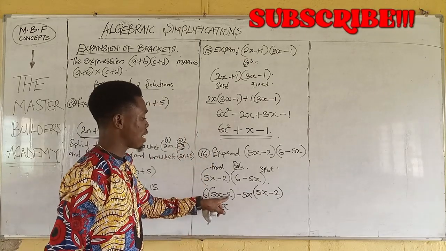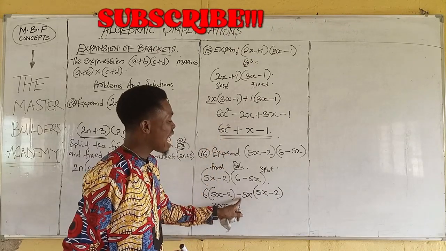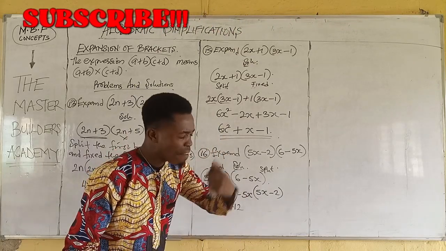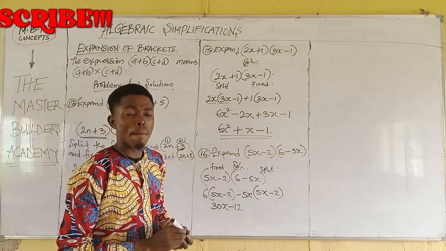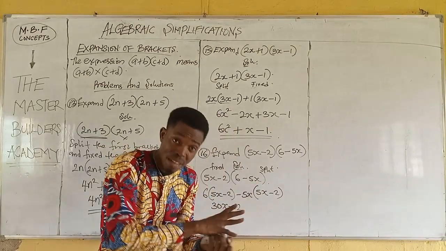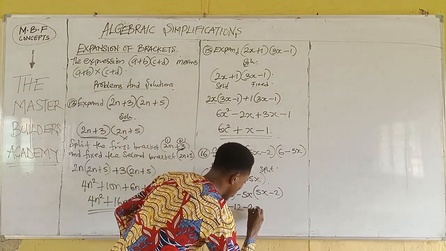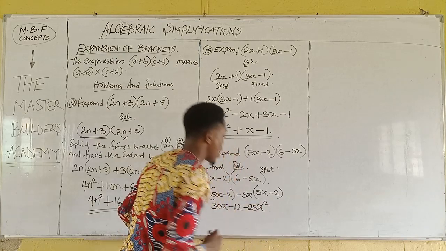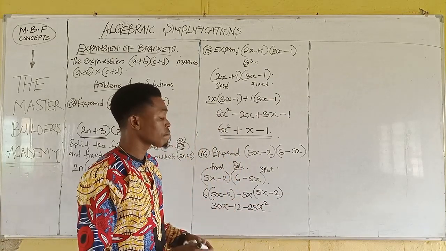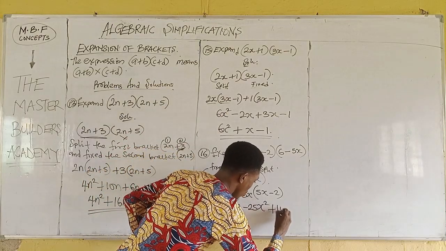Now 6 times minus 2, guys, we have minus 12. Minus 5x times 5x would have given us minus 25x squared, or 5 times 5 is 25 and x times x is x squared. So this would have given us minus 25x squared.